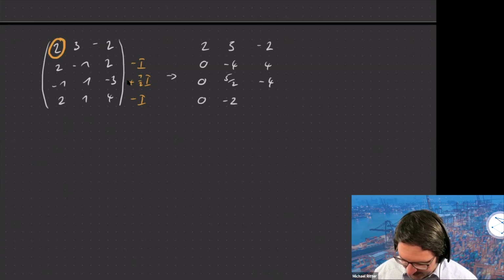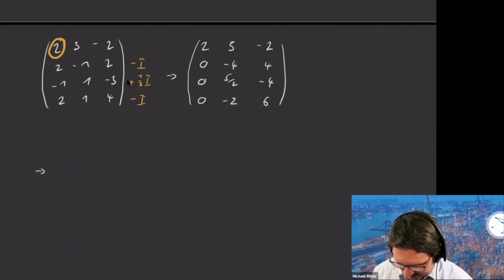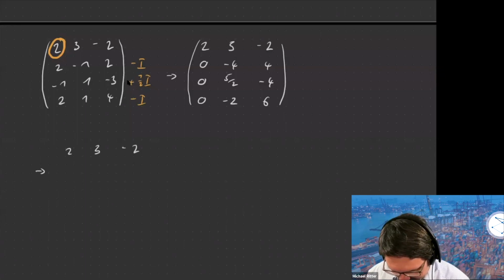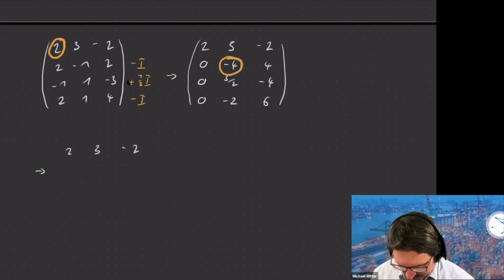And 4 plus 2, that is 6. So hopefully that's still correct. Let's see, the next pivot we could use is, let's say this one here, -4, we just use that.